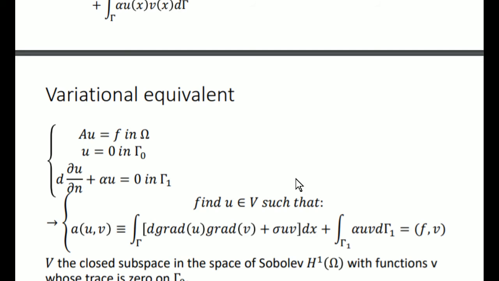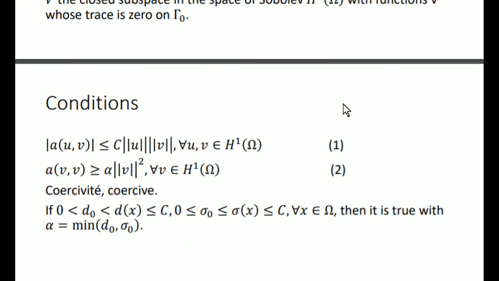So I actually don't know why the fact that the trace is 0 needs to be it, but let's assume it's the case, because I don't want to have problems in which something diverges and you can't prove that the solution exists. So we'll define two conditions, 1 and 2. The first one is that the function is bounded by u and v and a constant.